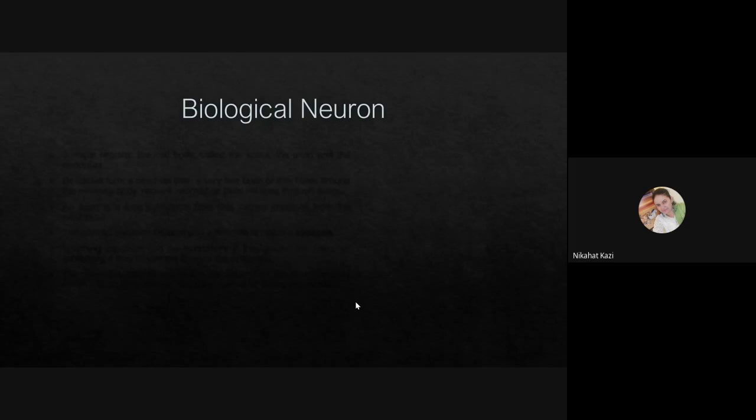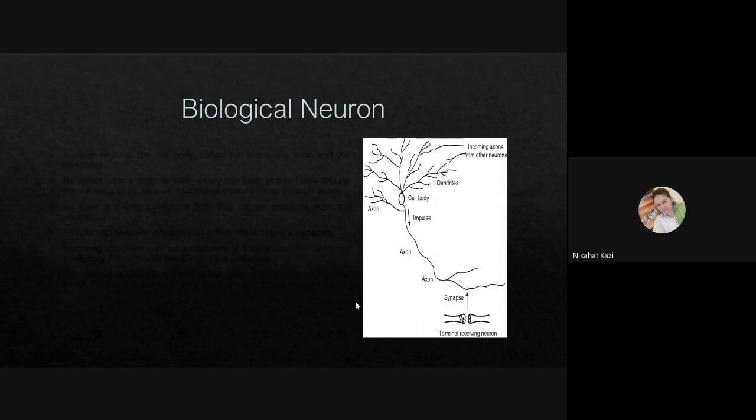And when we talk about the central element of this system, that is the biological neuron. This is how a biological neuron looks. There are incoming signals which are received via the dendrites of the neuron.